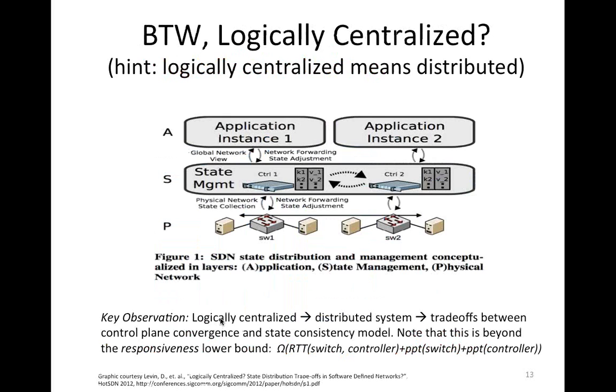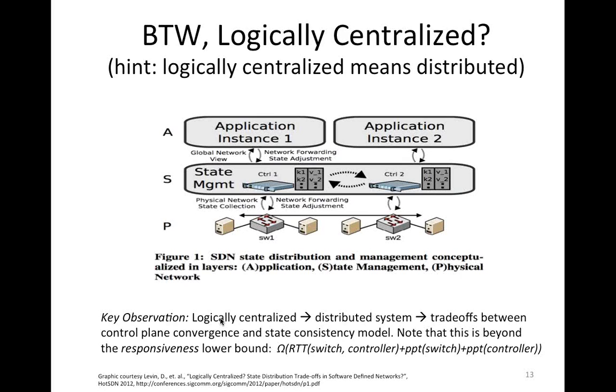I wanted to say something about this logical centralization of the controller. I took this picture out of a really nice paper that was in HotSDN last year in Helsinki. They made a key observation that if it's logically centralized, that just means it's distributed. So we have this word called logically centralized, and it means distributed. Once you have it being distributed, you have a trade-off between how fast the control plane can converge and the state consistency model. We have that right now in the network, right?